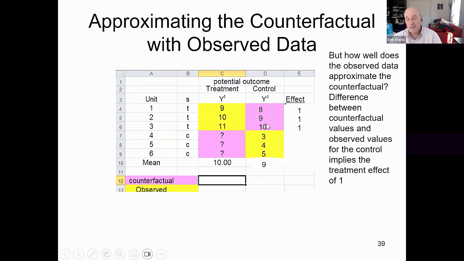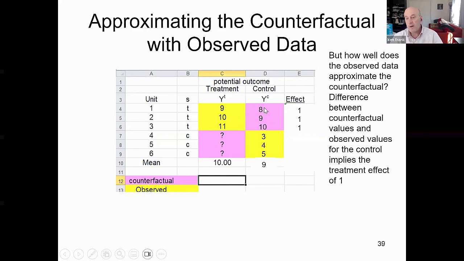You will never get to see these. But let's say, just hypothetically, that I have some sort of crazy information that no one could actually ever see. In fact, this person who experienced a 9, having gotten the treatment, would have experienced an 8 if they had gotten the control. And same for this person would have experienced a 9, and this person would have experienced a 10.